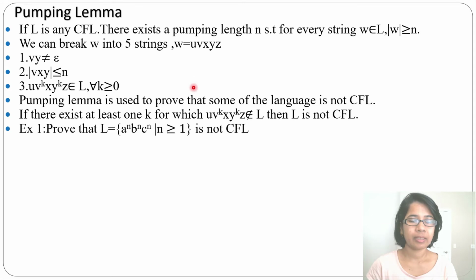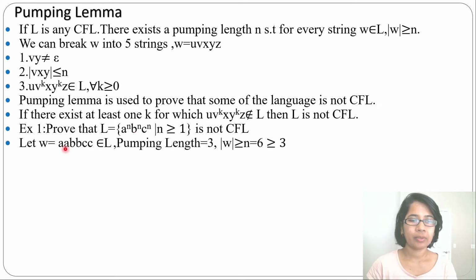Let's see one example. L equals a power n, b power n, c power n, n greater than or equal to 1, is not CFL. First consider this as a CFL. Then we consider a w from this language, any arbitrary string from this language. Let w equal aabbcc, and this belongs to L as it has an equal number of a, b and c.